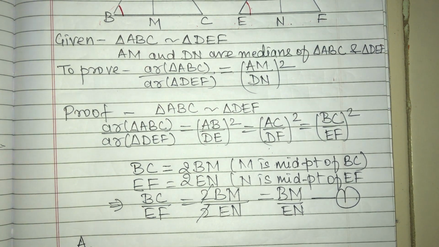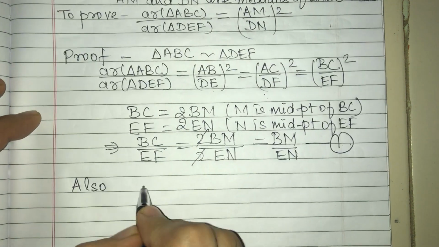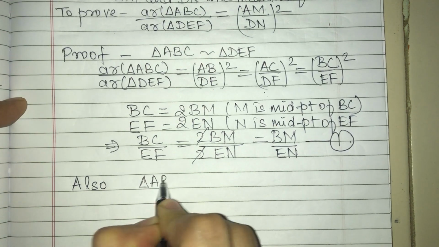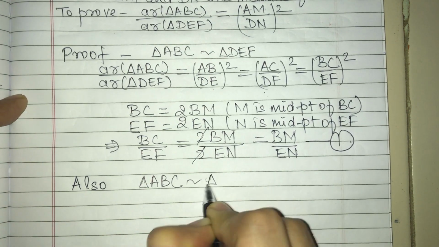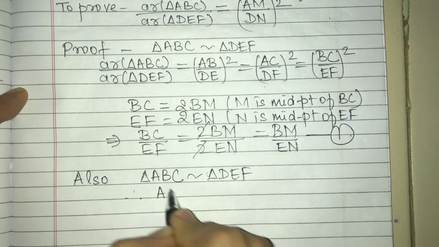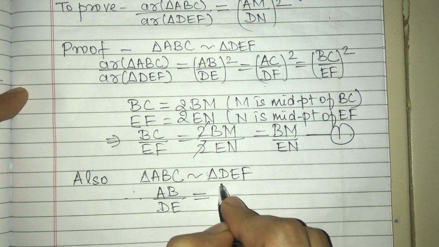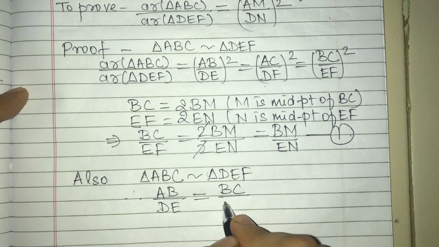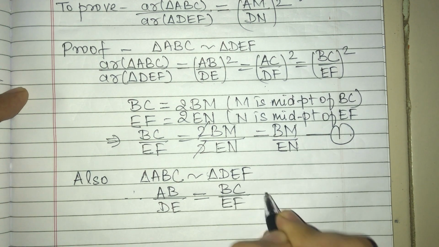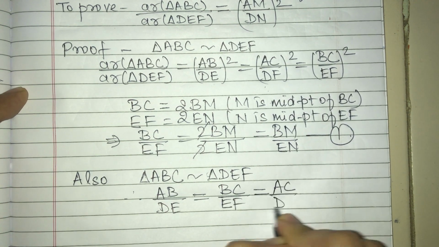Also, you know that triangle ABC is similar to triangle DEF. Therefore AB upon DE is equal to BC upon EF is equal to AC upon DF.